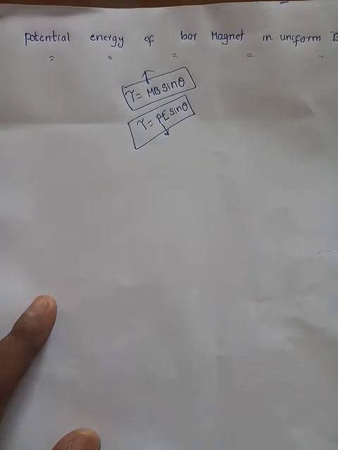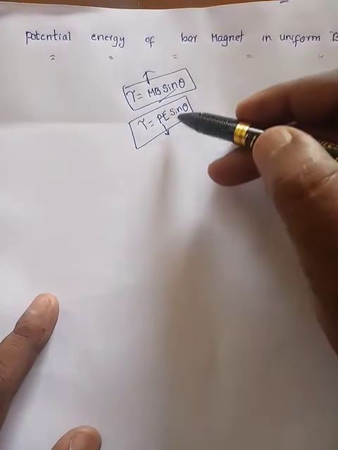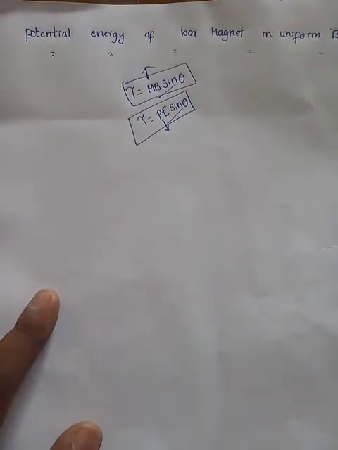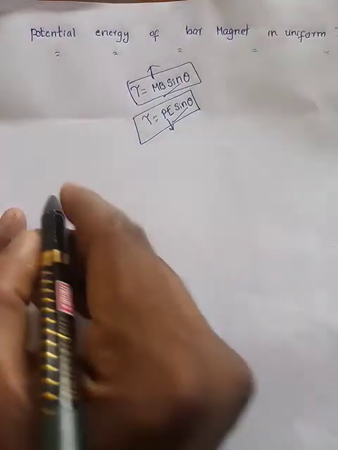Torque tau is equal to what? pE sin theta, where p is the electric dipole moment, m is the magnetic dipole moment, B is the magnetic field, and E is the electric field. Now I am going to derive the expression for the potential energy of a bar magnet in a uniform magnetic field.